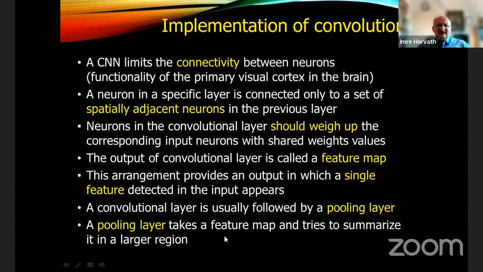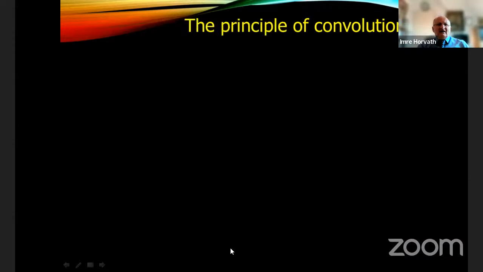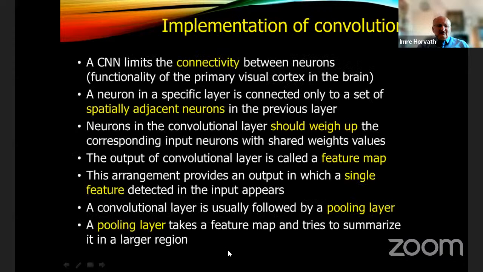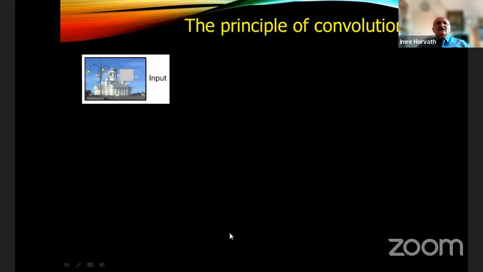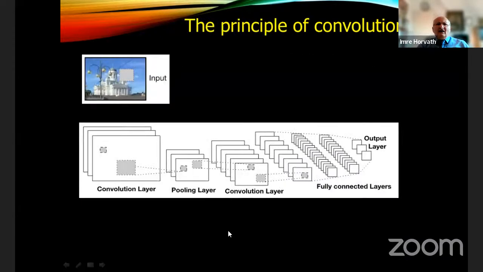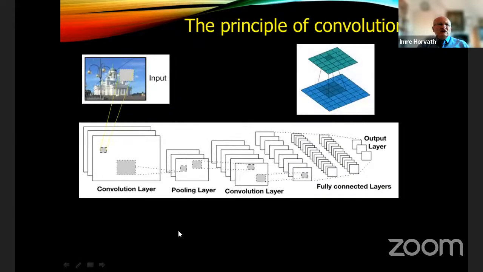The pooling layer takes a feature map and tries to summarize it over a larger region. So this is how we can understand very simply the principle of convolution.